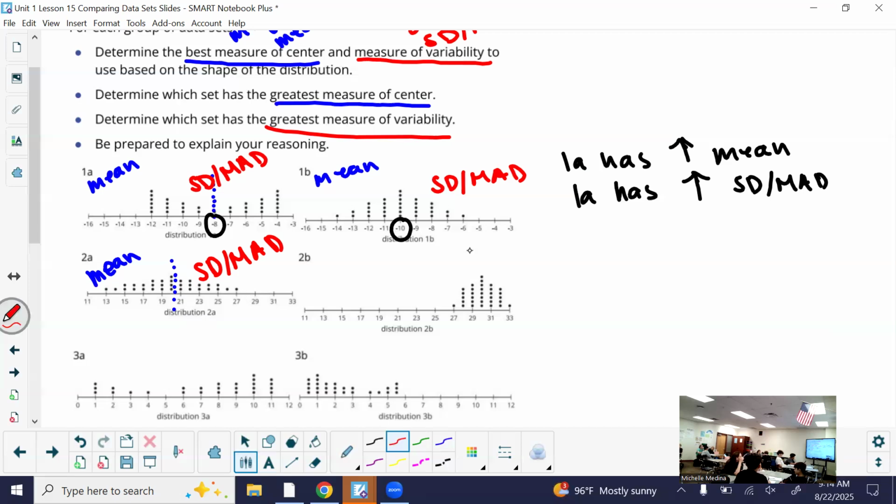For 2B, Riley, what do we prefer for the best measure of center? Mean. The class, 2B is symmetric. Okay. Let's see. Jonathan, for 2B, what do we prefer for variability?